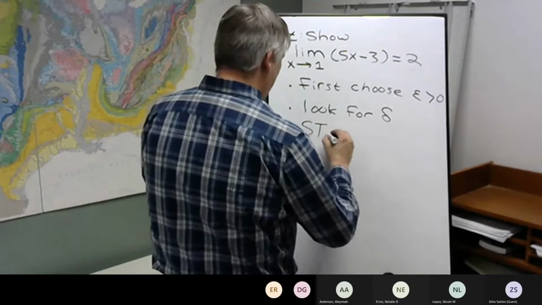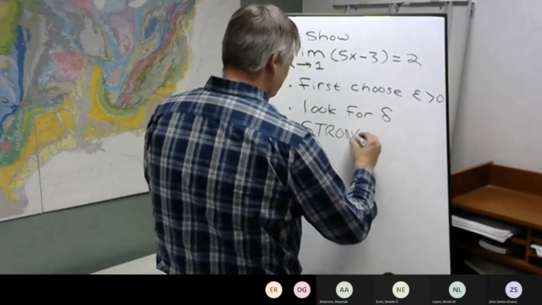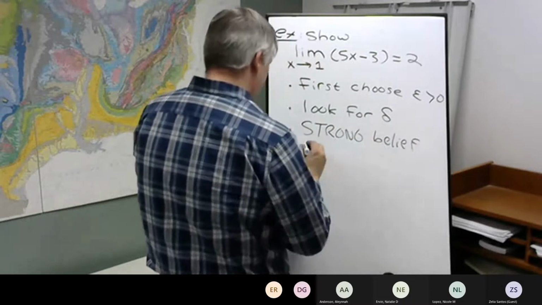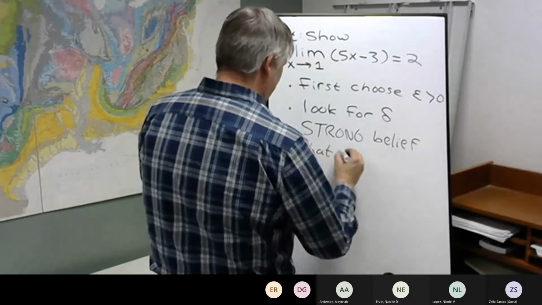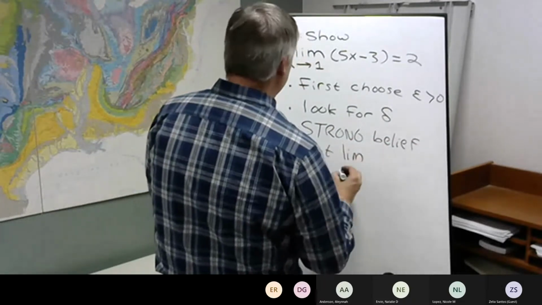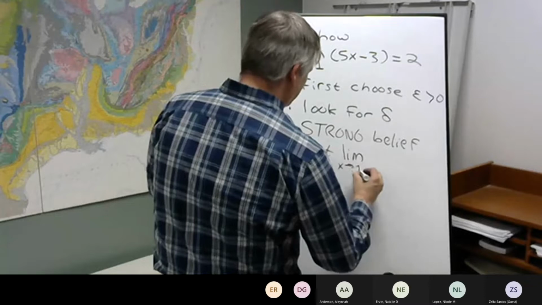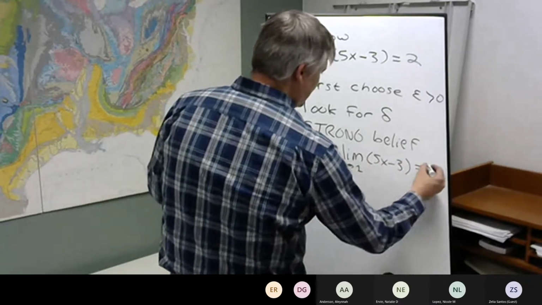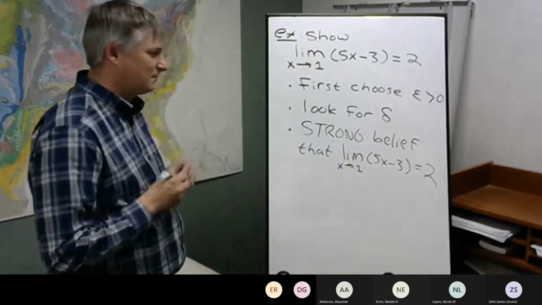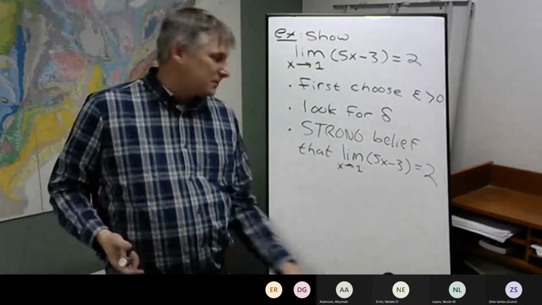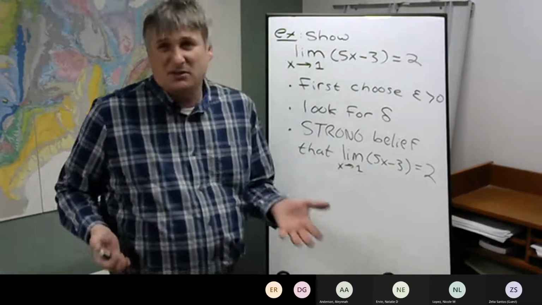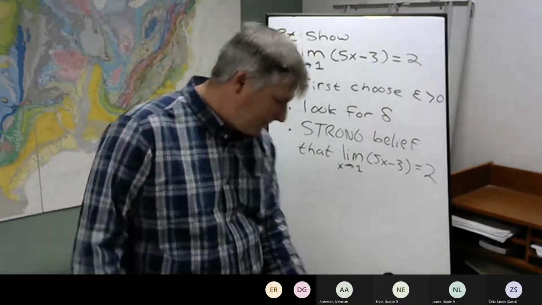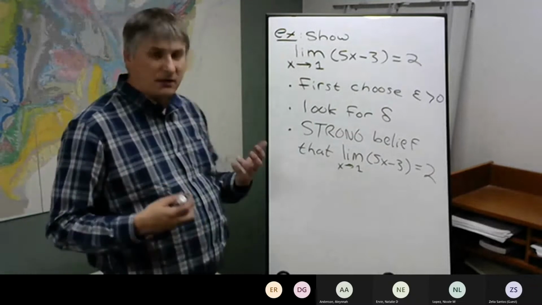We have a strong belief that the limit as x goes to 1 of 5x minus 3 equals 2. So we're going to use this as our L, and we're going to see if this is going to make sense. So that being the case, let's go through our beginning of our procedure.